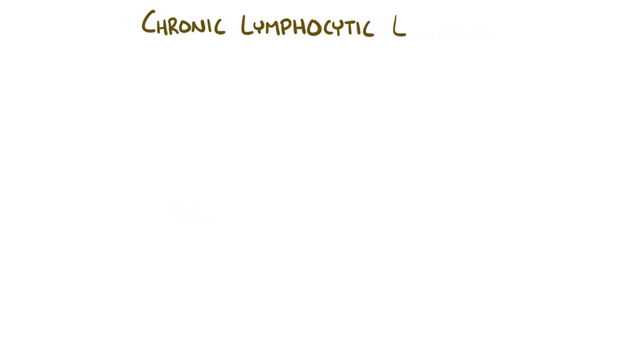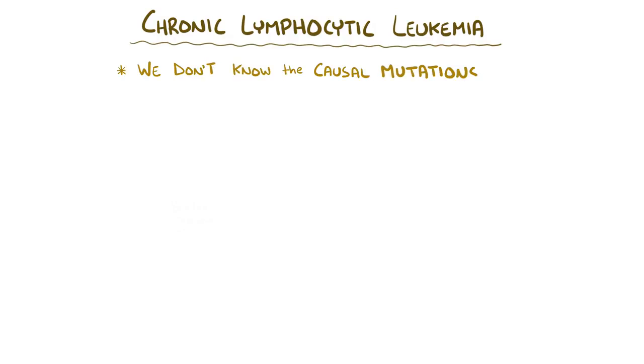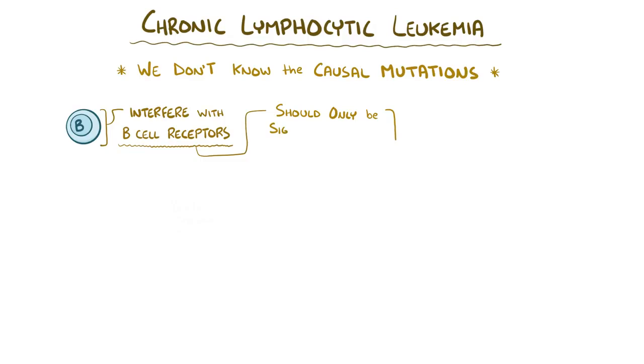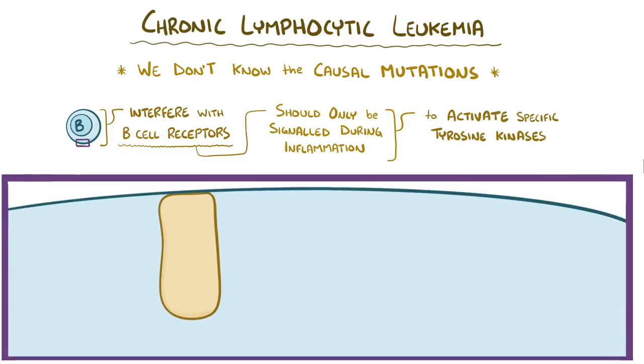In chronic lymphocytic leukemia, the most likely cause is also a mutation in the cell's chromosomes. We just don't know which particular mutation, or mutations. Whatever the case, the result is that B cells start to interfere with the pathways of B cell receptors, which should only be signaled during infection to activate a few specific tyrosine kinases.